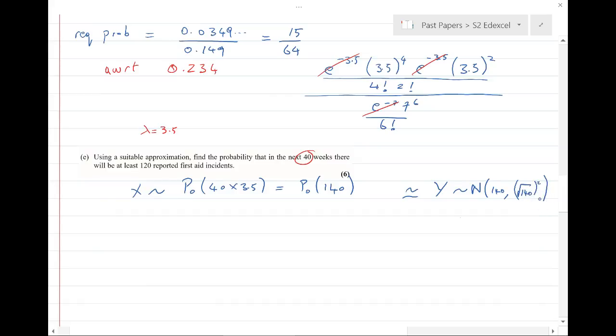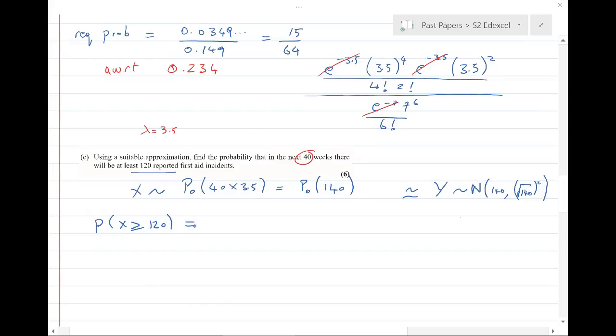Okay, so we are being asked for the probability there will be at least 120 reported first aid incidences. So we want the probability that X will be greater than or equal to 120.